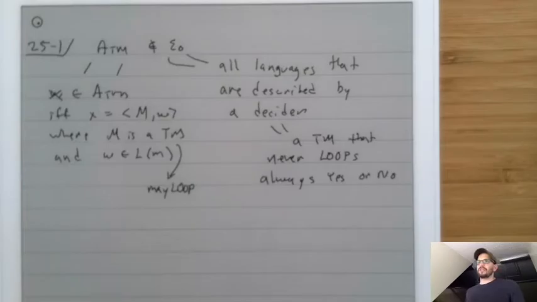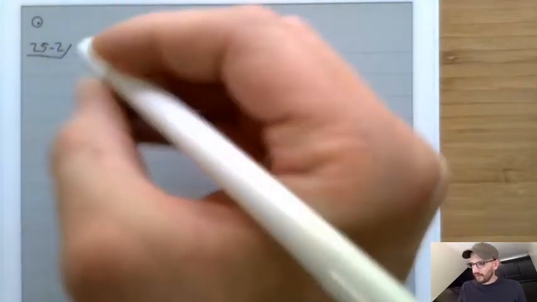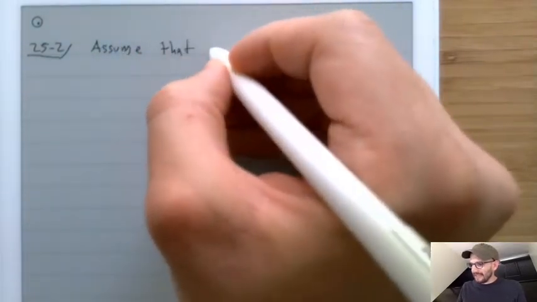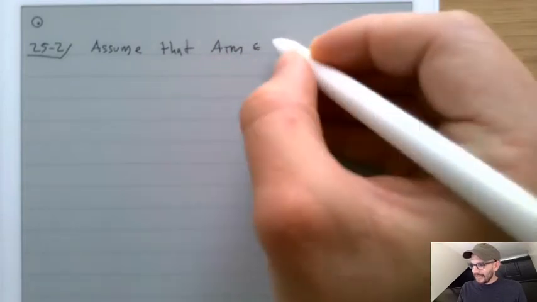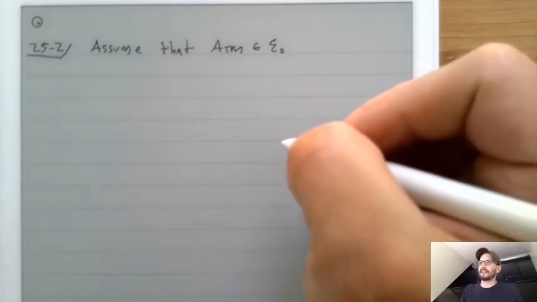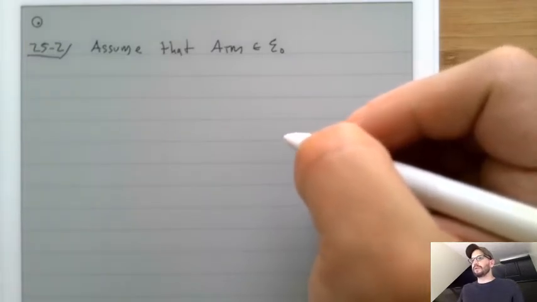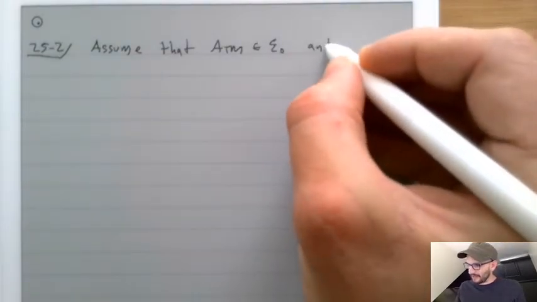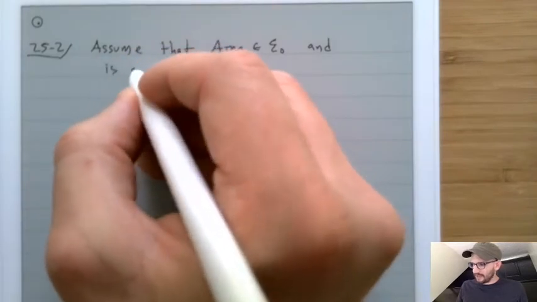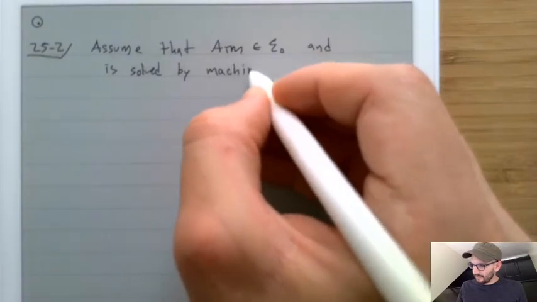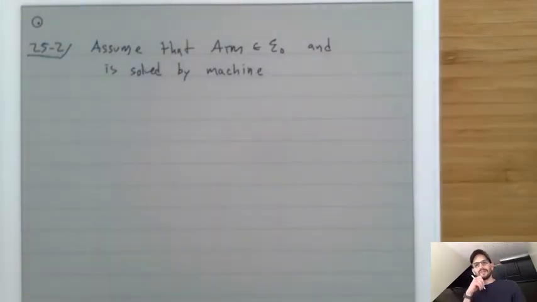Okay, so here's what we'll do to prove this. We're going to do a proof by contradiction. We're going to assume that ATM is inside of sigma 0, and we're going to assume that the machine that solves ATM is called, let's see, what's a good letter?